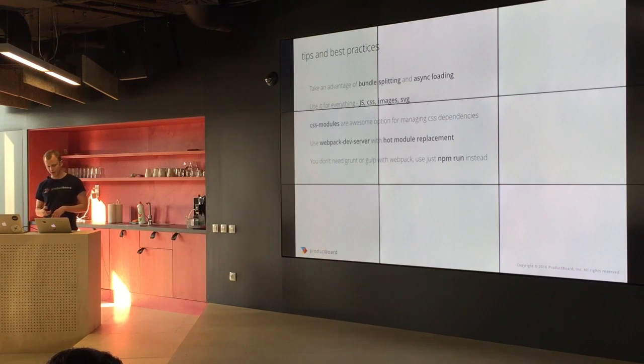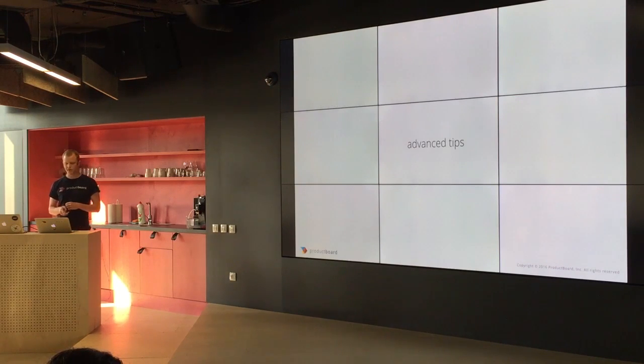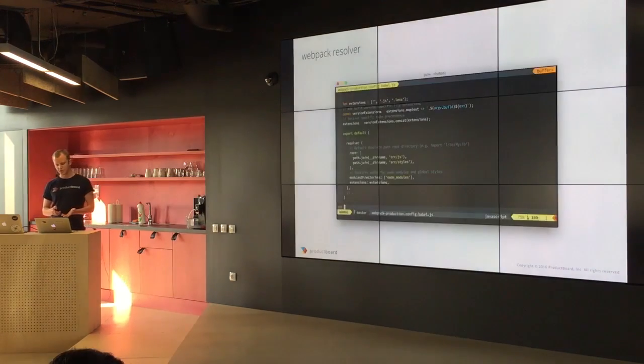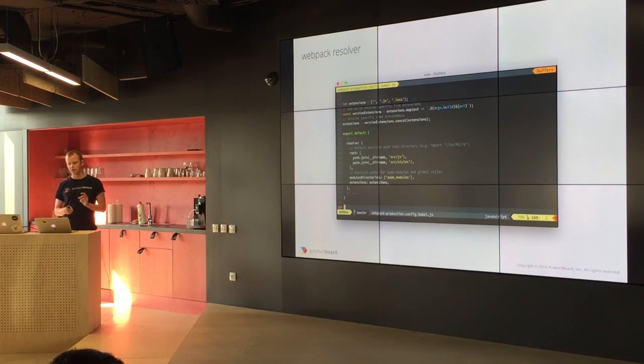Okay. Some more advanced tips you might have never heard of, because although Webpack is so awesome, the documentation isn't really that great, so it's hard to figure out what's really in there. First thing I think is really interesting is Webpack Resolver, which is essentially the functionality that figures out what file to use if you are importing something.